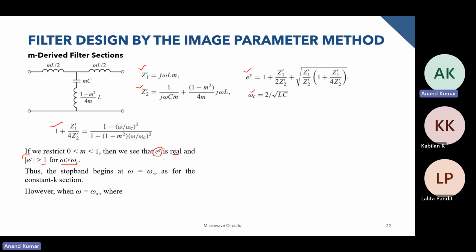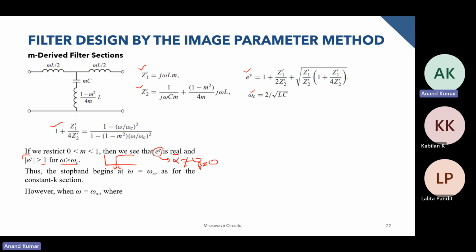So since it is real, we have alpha non-zero and beta equals to 0, and hence we have the stop band beginning from omega c. So for higher frequencies, if this is our plot over here and omega c is over here, for values of omega greater than omega c, we have a stop band over here.